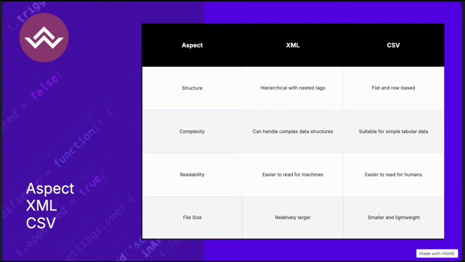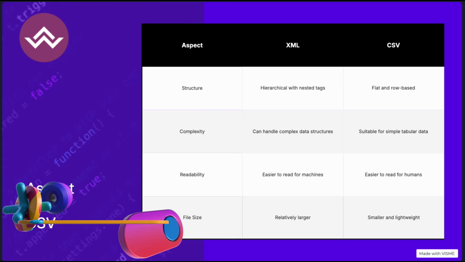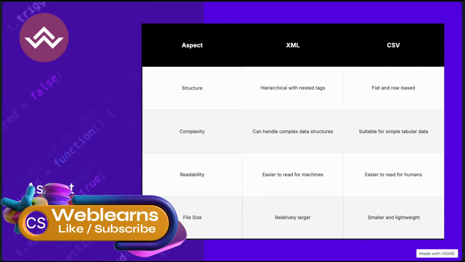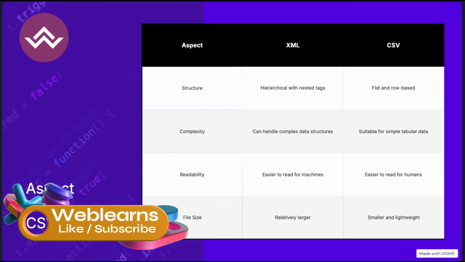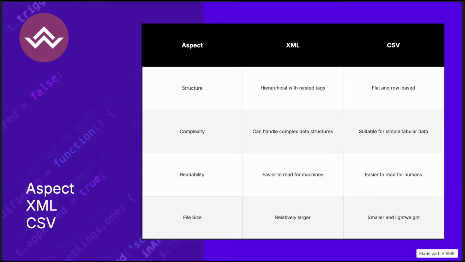Likewise, the CSV file is also readable by the machine, but the main thing is that the CSV file is easily readable by users. Comparing file size, CSV wins because it takes minimum size compared to the XML file.